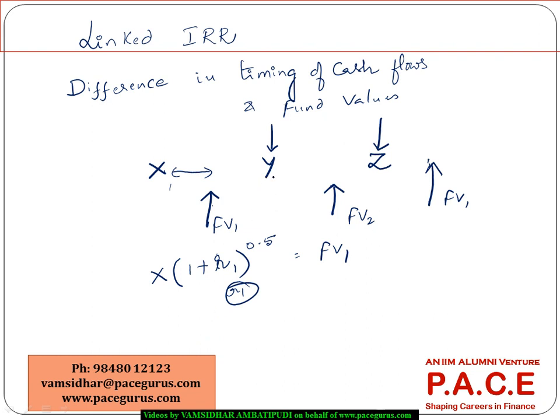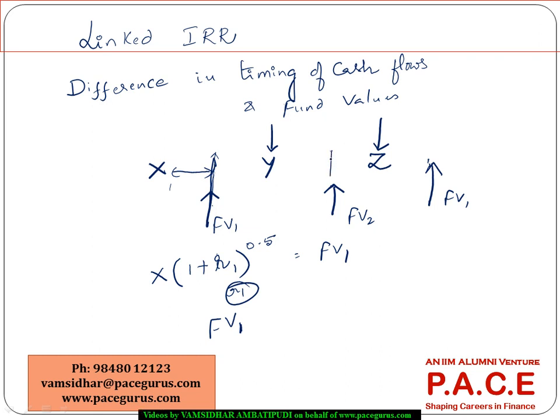Now that I have computed the fund value here, I'm looking at this particular fund getting reinvested. So fund value 1, because by this time the fund value has been computed.